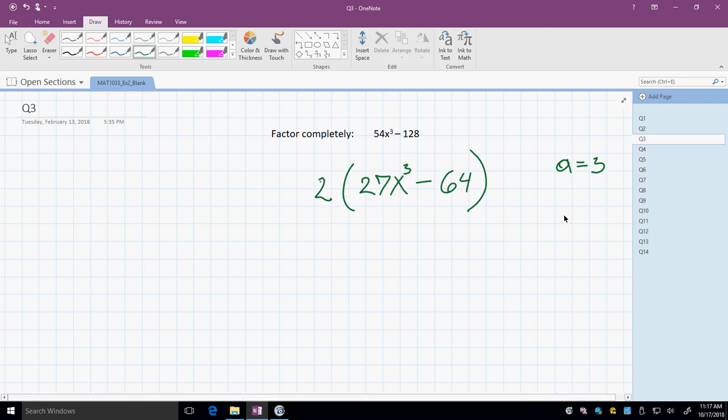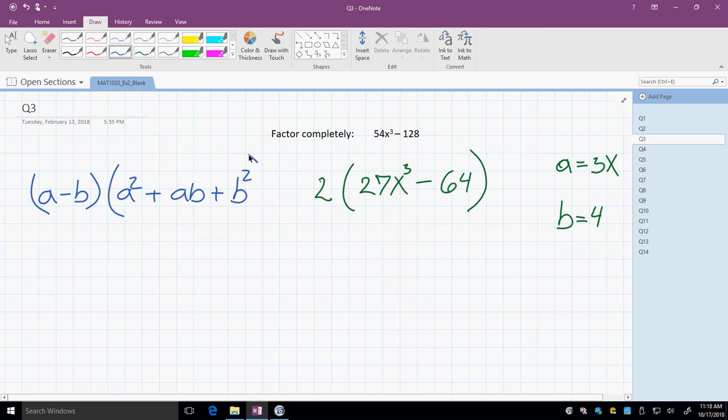Do you remember the formula for the difference of cubes? Nope. Okay, it is a minus b inside parentheses, and then you open a second set of parentheses: the first, a raised to the second power, plus a times b, plus b raised to the second power.